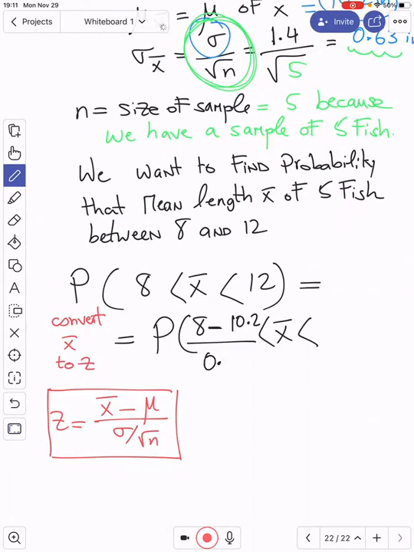The 12, the same thing. So it's 12 minus 10.2, the mean of the X bar distribution, which is the same as the mean mu of X, and then over again the standard deviation of the X bar distribution, which is sigma over square root of n, and we said that would be equal to 0.63.